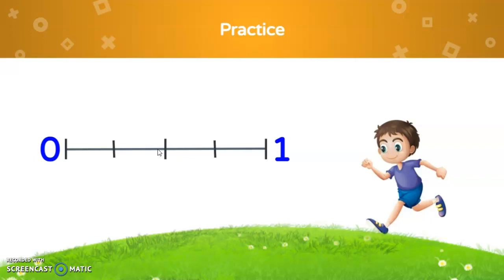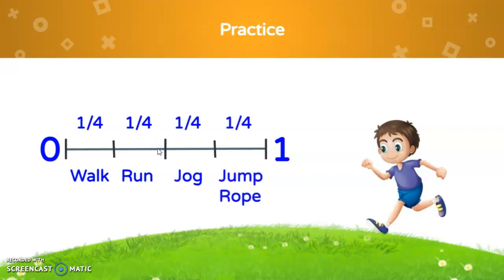So let's say that you're going to spend the first part walking, and then you're going to spend one of the 4 parts running. Next, you'll spend one of the 4 parts jogging. And last, you'll spend one of the 4 parts jumping rope. So you can see here that each of these 4 parts together equals our whole total time.